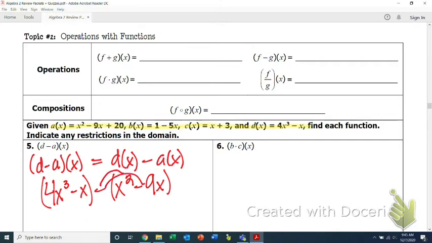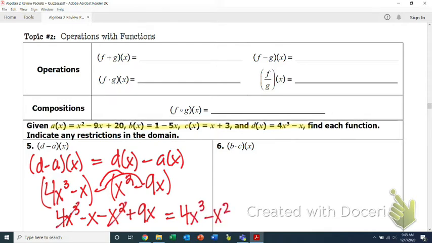I should distribute. So 4x cubed minus x squared plus 9x. Now let's simplify. 4x cubed, we've used that, minus x squared, a negative x plus a 9x is a positive 8x. And that's my answer. Easy peasy. That's all you do.